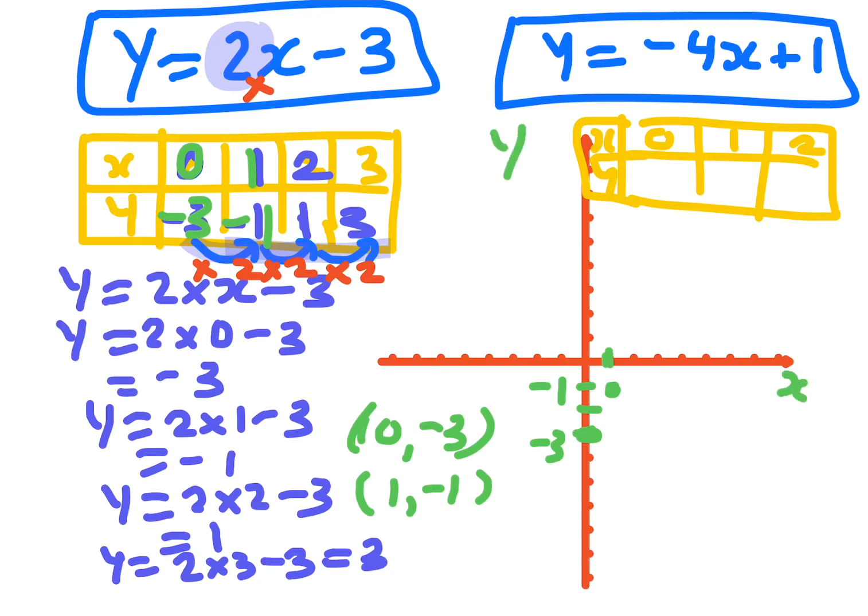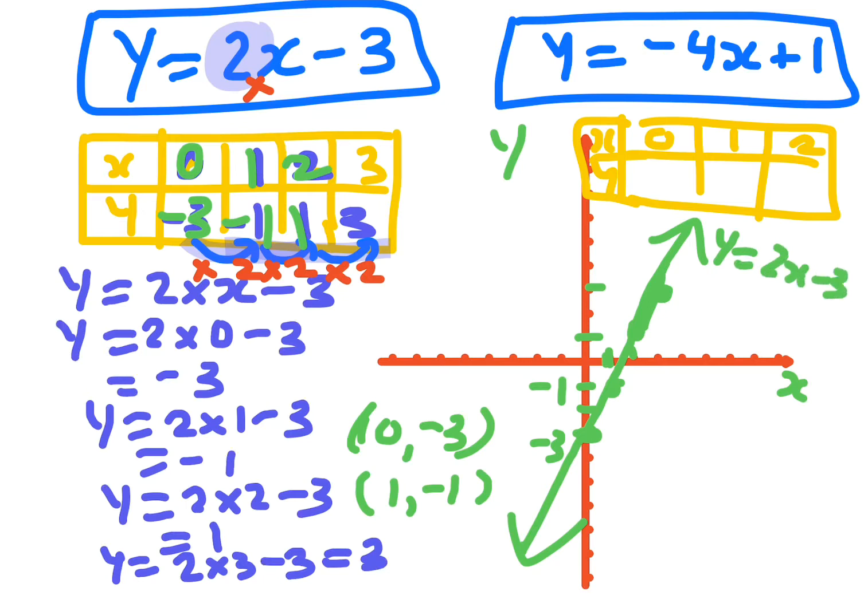This is the x and the y: you go across before you go up or down. Across to 2 and up to 1. So that's there. And across to 3 and up to 3. If we get a line and draw it through those points, that's y equals 2x minus 3.